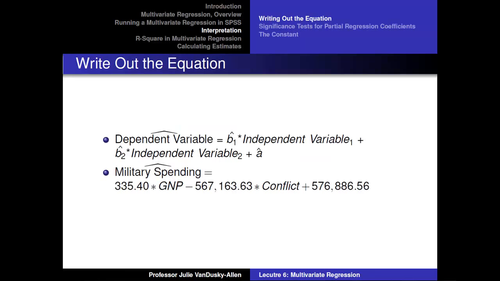So the first thing you should do after running your multivariate regression is write out the equation. Recall the equation is dependent variable hat equals b hat times the first independent variable plus b hat times the second independent variable plus a hat.